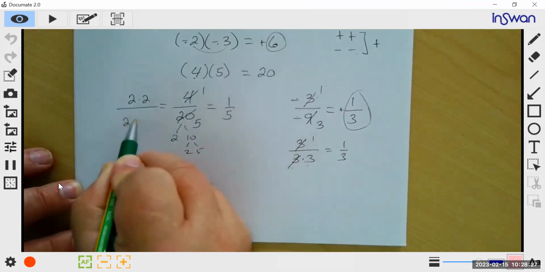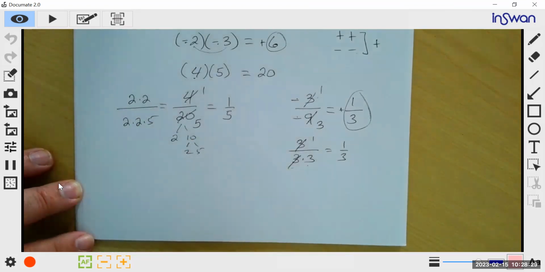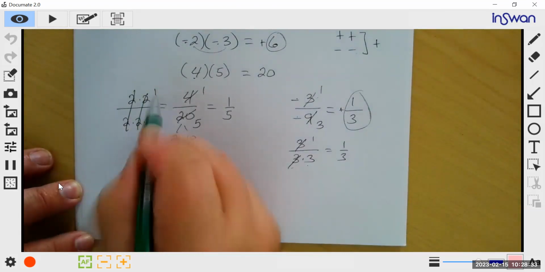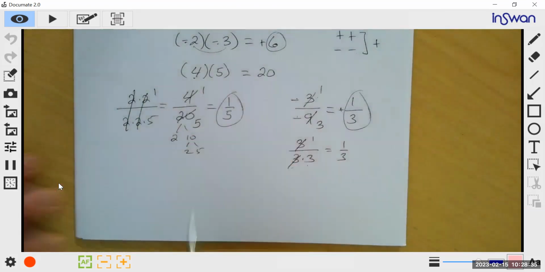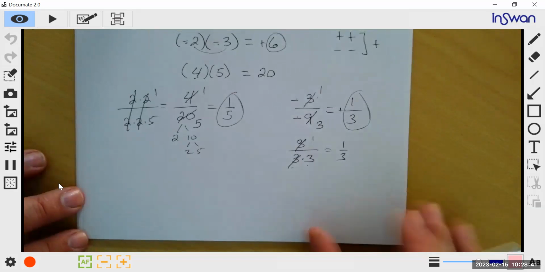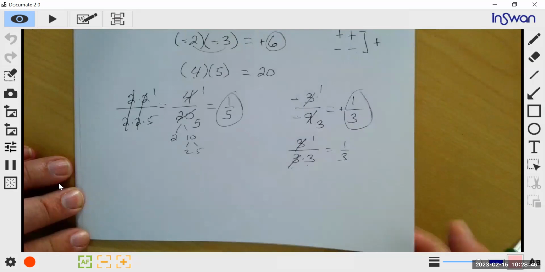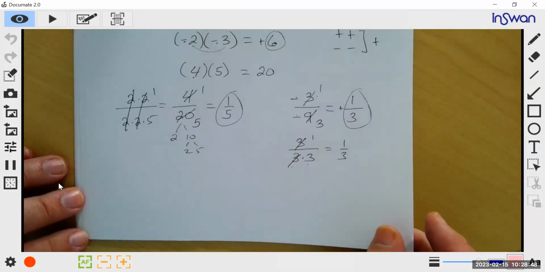So it's 2 times 2 times 5. The 2's cancel, leaving 1 on top, 1/5. So that's multiplying and dividing with same signs.